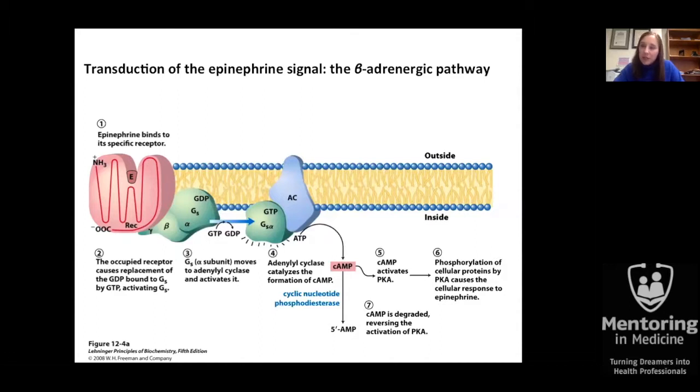A green P for phosphorylation that is upregulating an enzyme. So you have to keep track of which enzymes are phosphorylated to be upregulated and downregulated. And I think that's an easy way to put that into your visual diagram when you're drawing out pathways in biochemistry, just by having green and red as your colors, and then putting a P for phosphorylation.